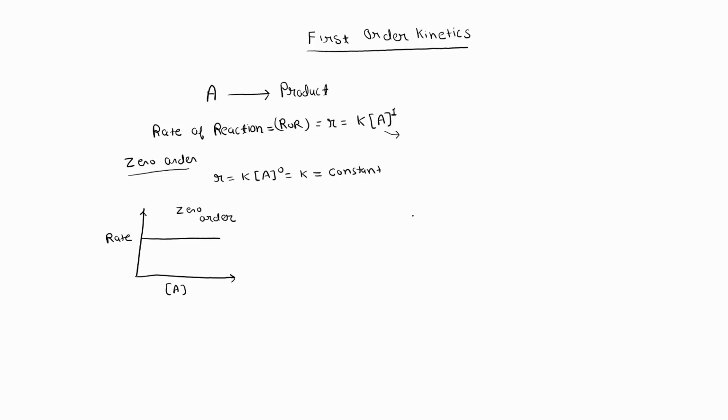For any type of reaction, product is formed and reactant is consumed. So as time increases, reactant concentration, if I call it A, will decrease, and product concentration, if I call it P, will increase.